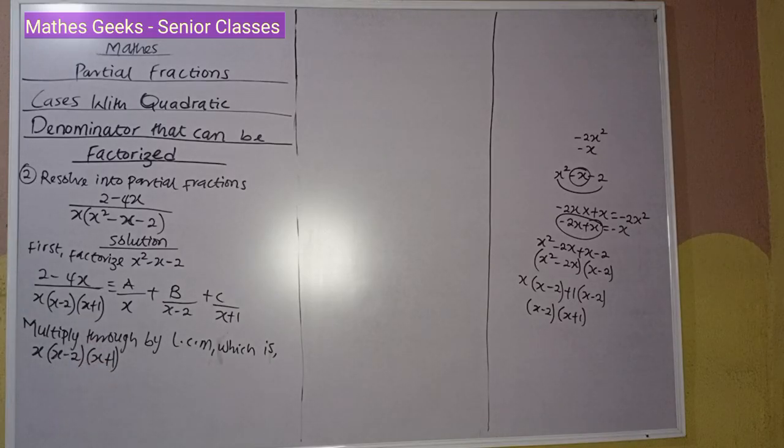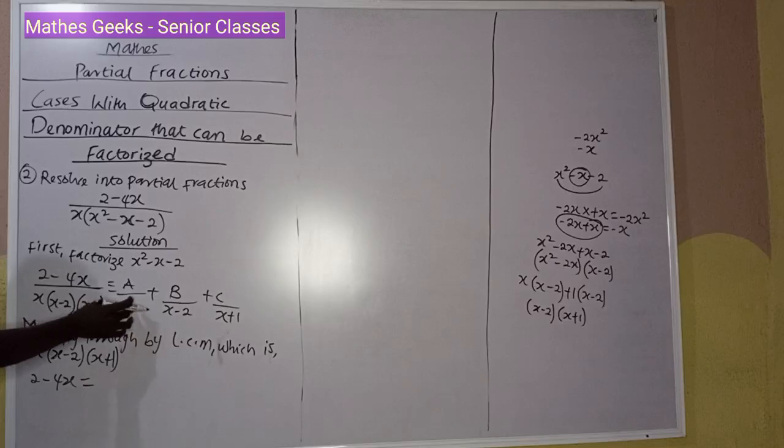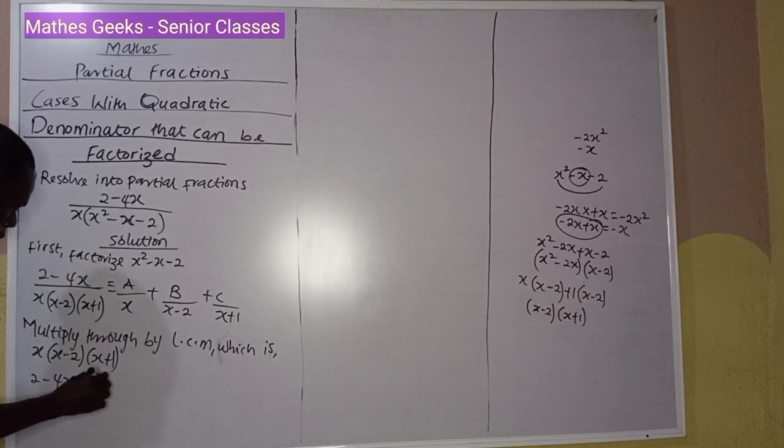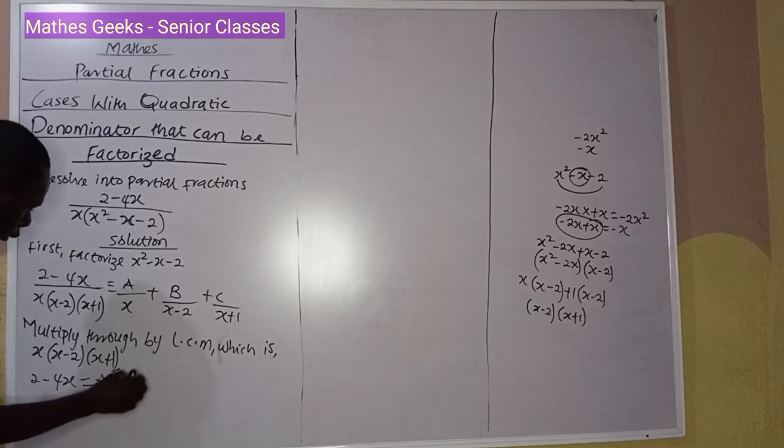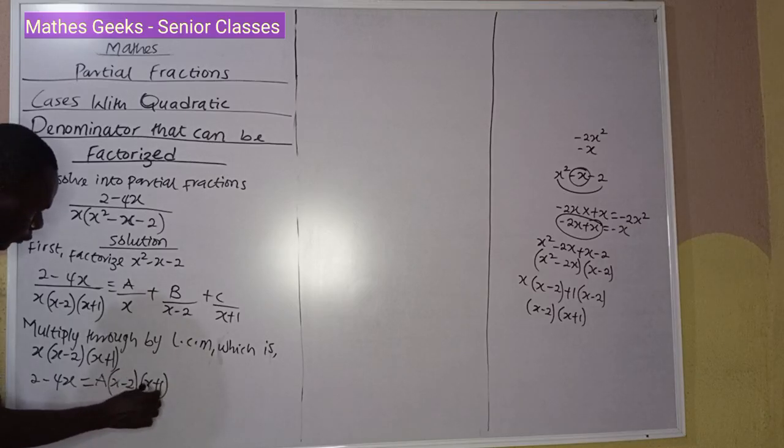So when we multiply through by the LCM, we're going to have 2 minus 4x, because the whole LCM will be multiplied by this whole expression, and we cancel this part because everything is common to this part. 2 minus 4x is equal to, so when you also multiply this part with the LCM, this x will cancel this x because they are common, so we let it be x minus 2 and x plus 1.